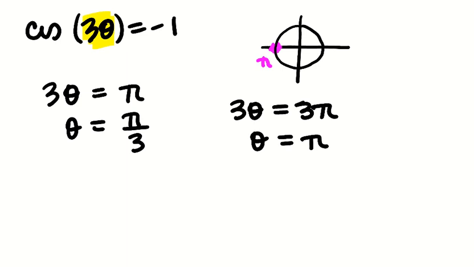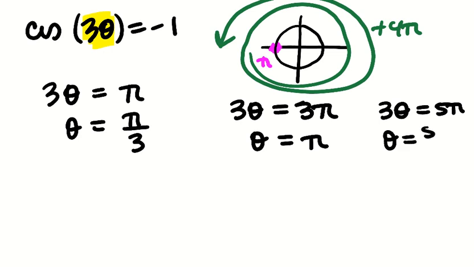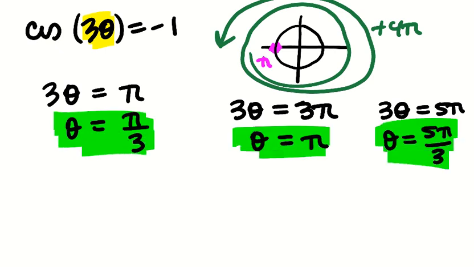And then what if I added another 2 pi to that? Plus 4 pi, then I'd have 5 pi. So 3 theta is 5 pi. Then you divide by 3, and you get theta is 5 pi divided by 3. So that's another solution. And all 3 of these solutions that I'm highlighting in green are in the interval 0 to 2 pi.